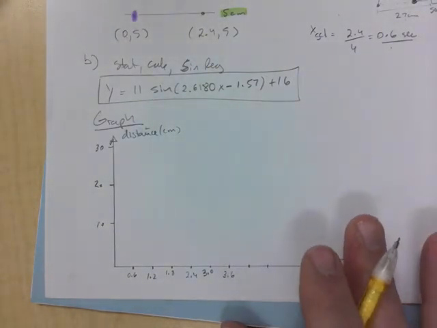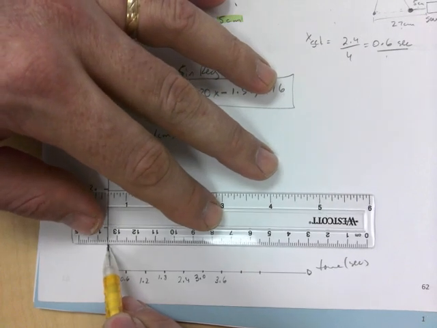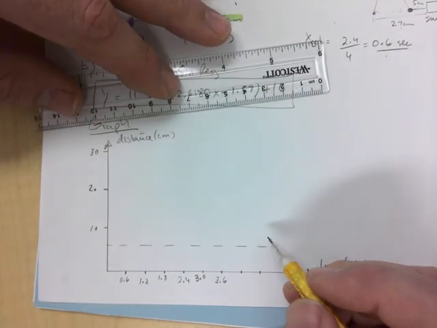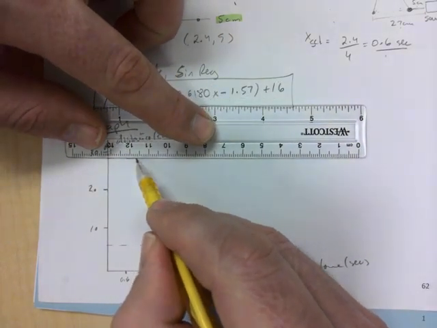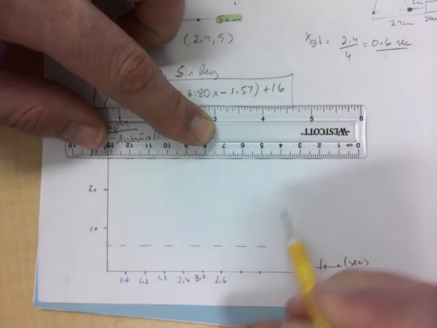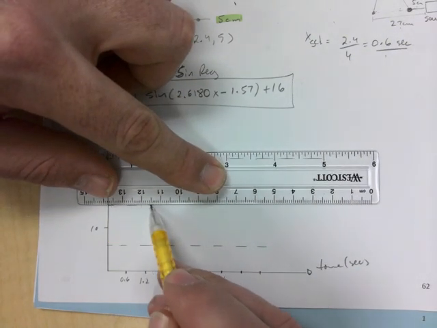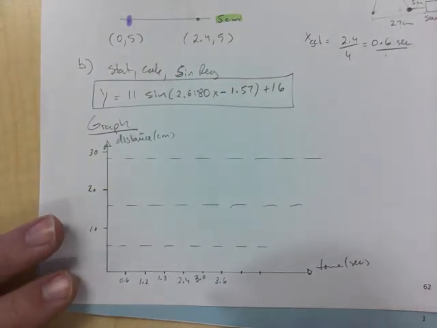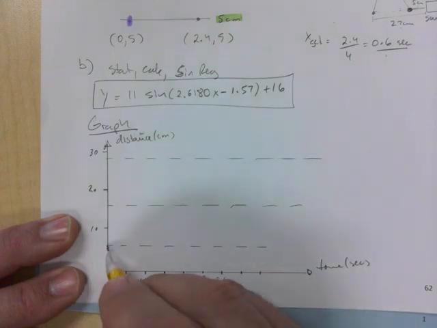And so my lowest is at 5, just right about there. The highest is at 27. The mid is at 16. There you have it. So at 0, I'm at 5. It's actually my y-intercept.